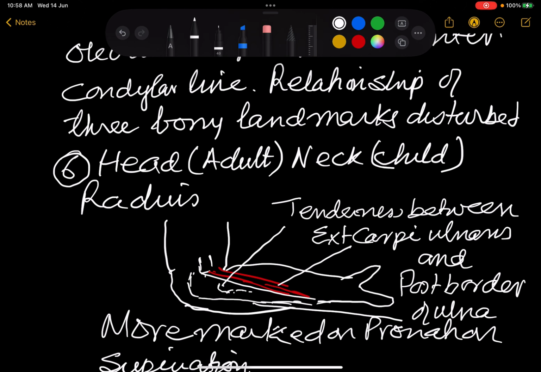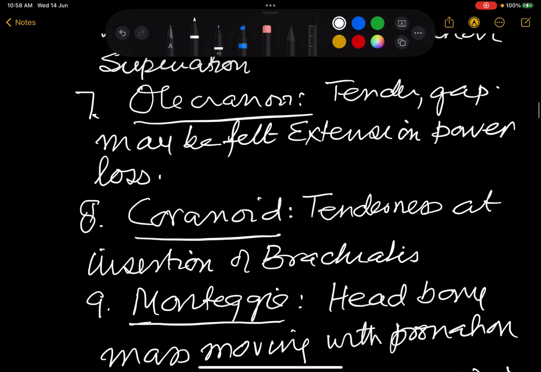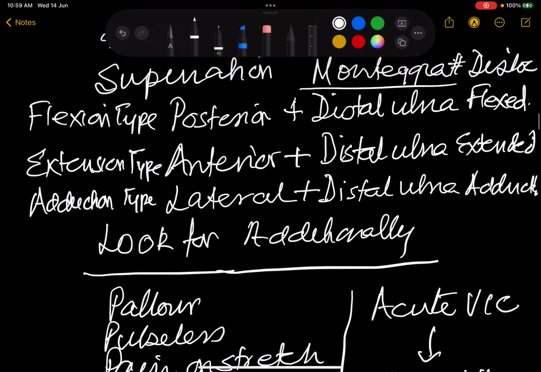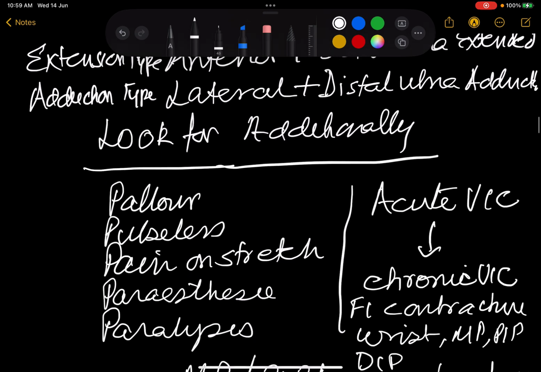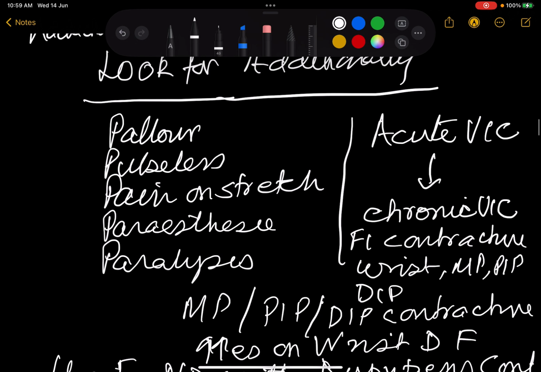Now, here you see the head of the radius, the tenderness is between the extensor carpi ulnaris and posterior border of the ulna. And so this finishes the differential diagnosis of injury around elbow.